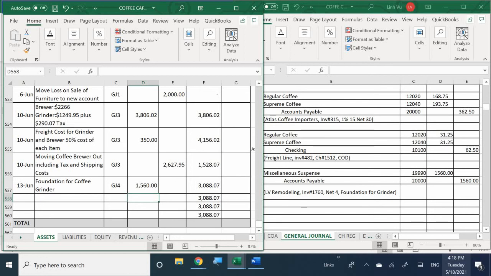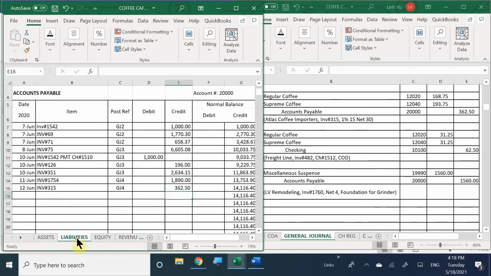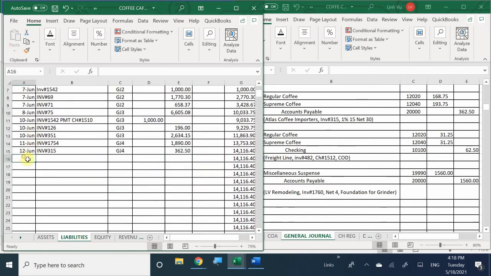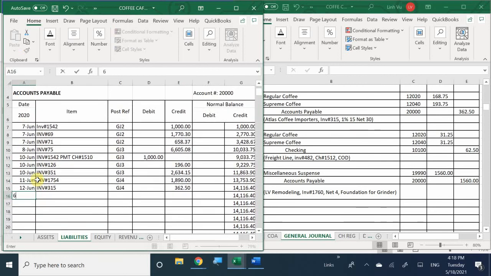Now we need to update our accounts payable because we didn't pay them yet. We decided to owe them and owe more money. So let's update our accounts payable account. Once again, this is our 20th bill that we received. So 613, invoice number 1760.